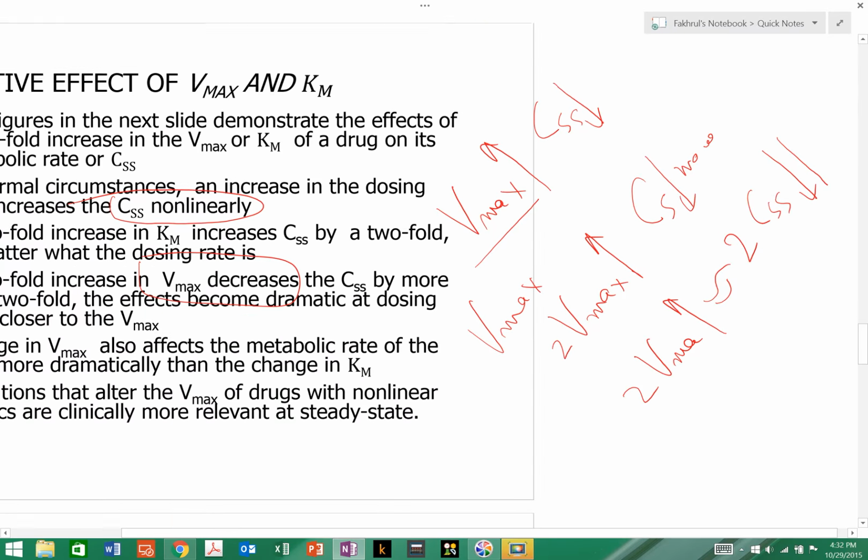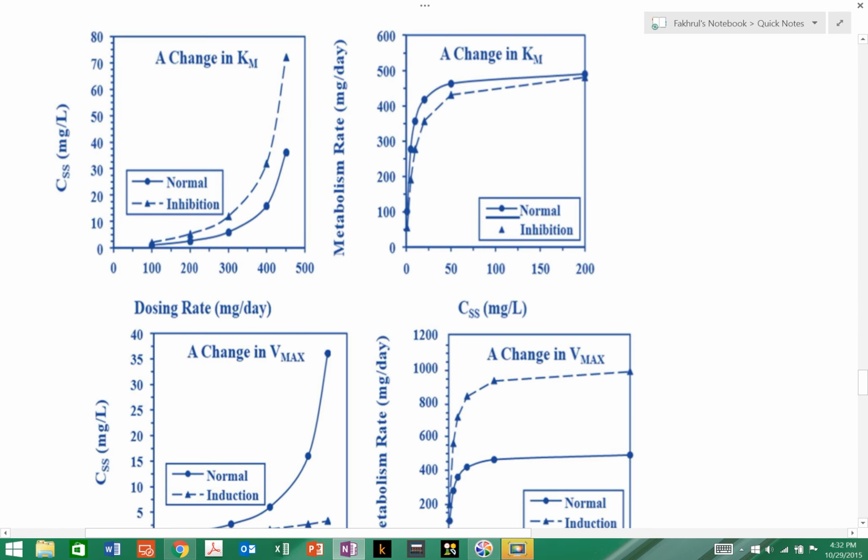Here in this curve you see we have plotted CSS against the dosing rate. It shows the change in the normal case, and then in case of inhibition, a little change in Km, a change in CSS and metabolic rate.